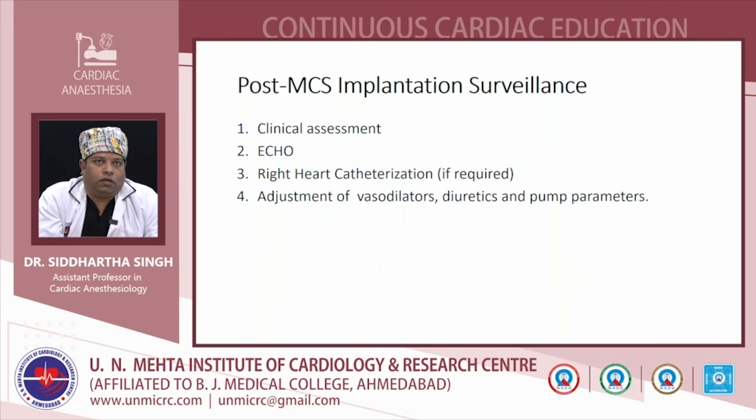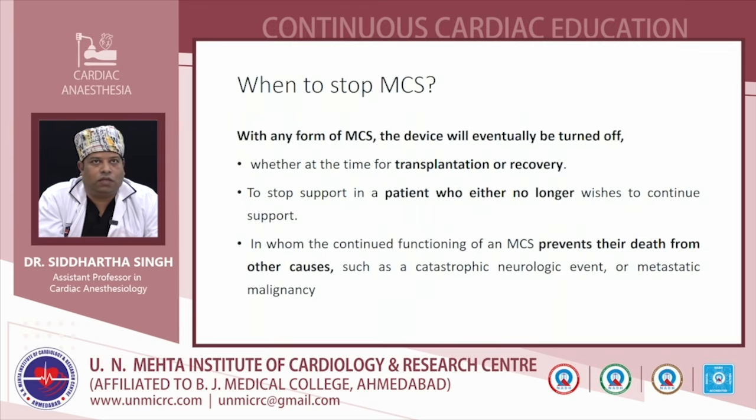Then right heart catheterization in the cath lab can also give us ideas about the pulmonary artery pressures. Is it severe pulmonary hypertension? Then sometimes we can adjust the dose of vasodilator, diuretics, and pump parameters to optimize the mechanical circulatory support.